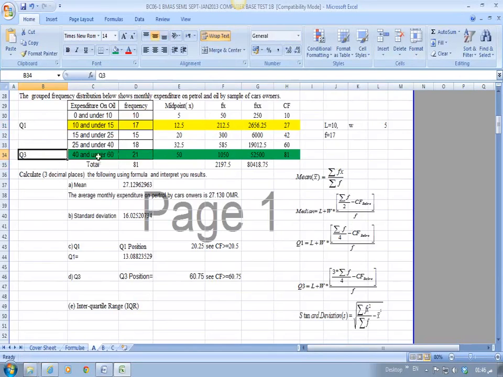So for Q3, the lower limit L is equal to 40, W here is equal to 20, that means the difference between 60 and 40. Then the frequency is 21 and CF before is 60.